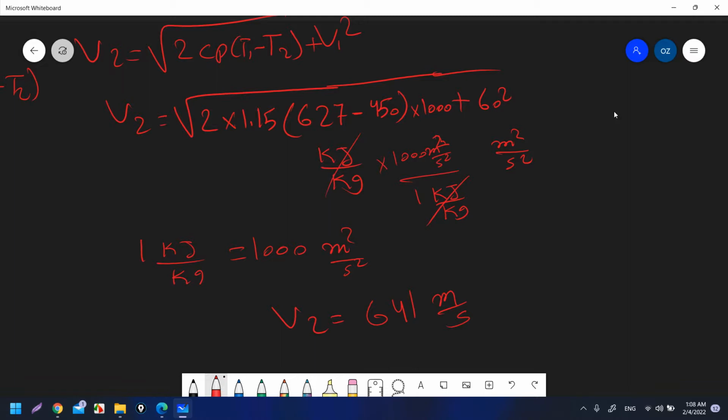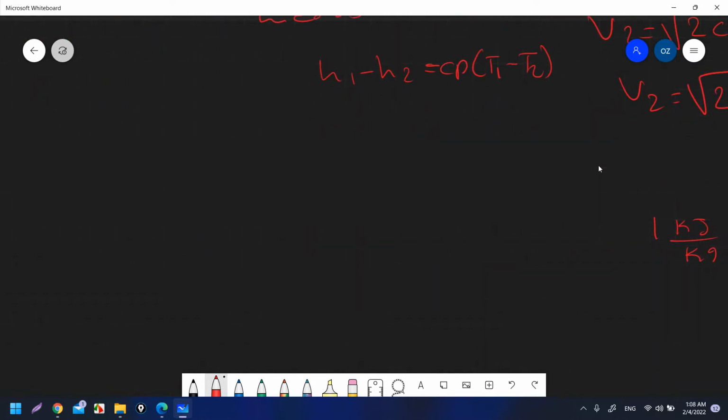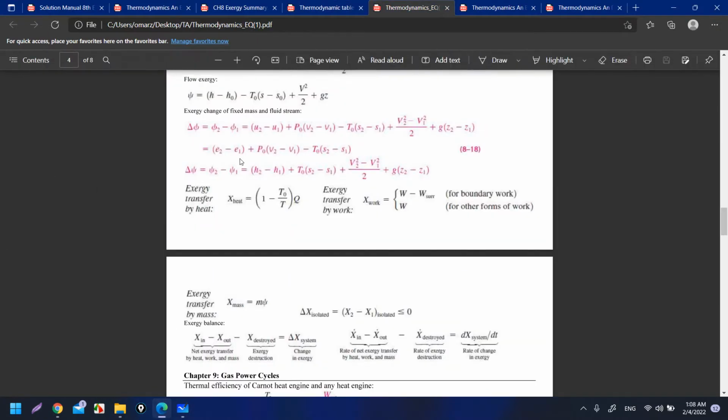Okay. For the second part, we say that we want the exergy change, or the decrease in exergy, psi1 minus psi2, and this has its equation H1 minus H2 minus T naught, and this is negative T naught. Because in the equation sheet this one is wrong. If psi2 minus psi1, psi minus psi2, all this is negative.